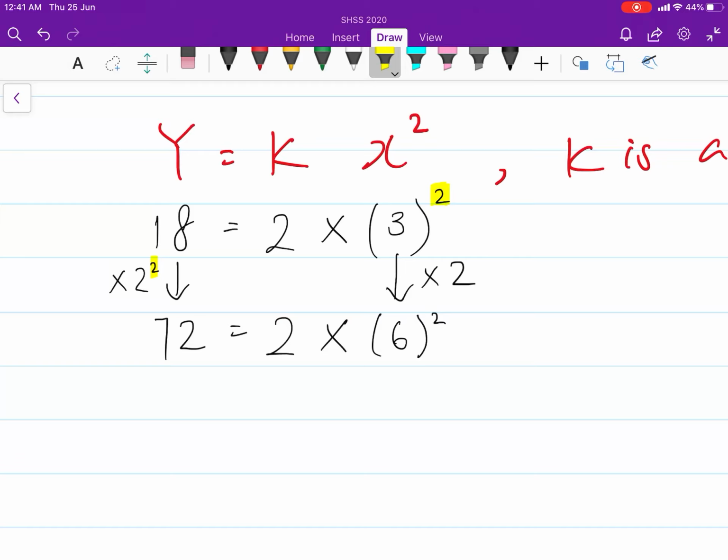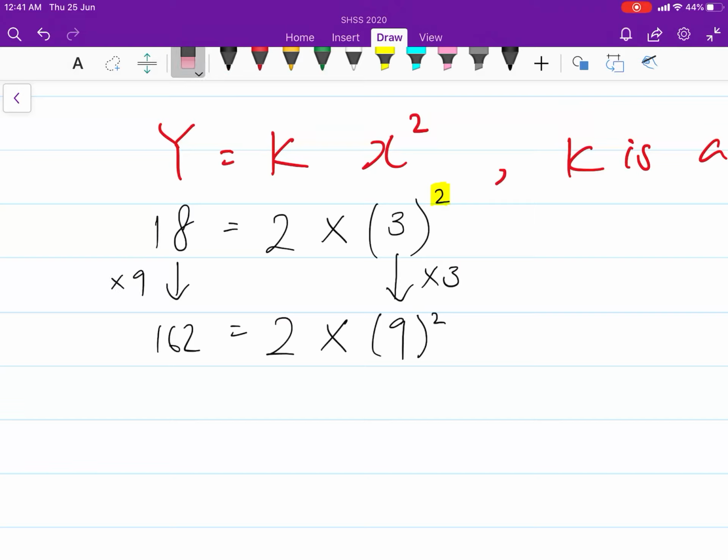Don't believe me? Let's try another number. Instead of times 2, I'm going to change the number. I'm going to times 3. Now 3 times 3 is 9. We are talking about the value of x. 3 times 3 is 9, so I'm going to substitute 9 here. 9 squared times 2 is 162. 162, if you divide by 18, you're going to get 9, which is actually multiplied by 9.